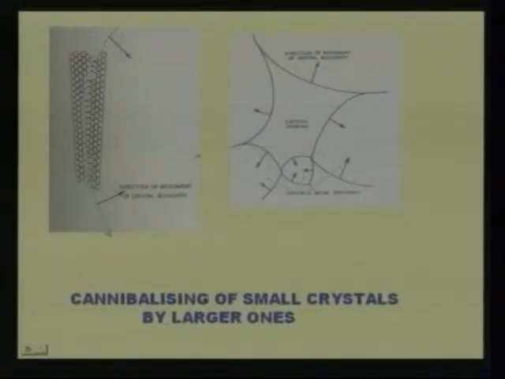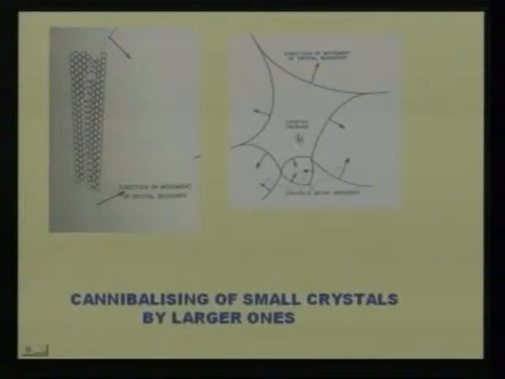You see the direction of the movement of the crystal boundaries is away from the center of curvature, towards the smaller crystals. These are the bigger crystals which are absorbing the smaller crystals, so that the entire crystallization takes place, and finally it becomes solidified and the dimensions are reduced. Now you can see clearly here it is a bigger crystal.